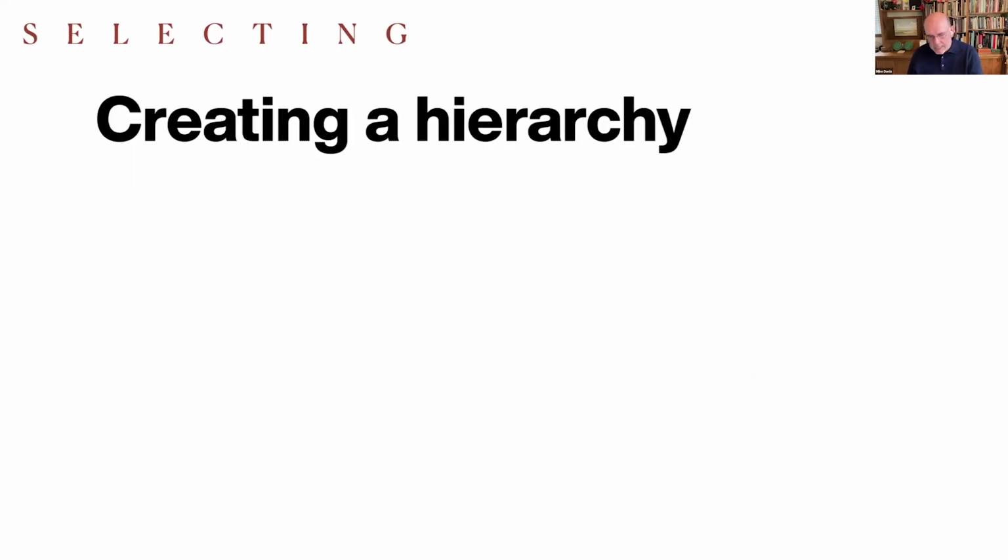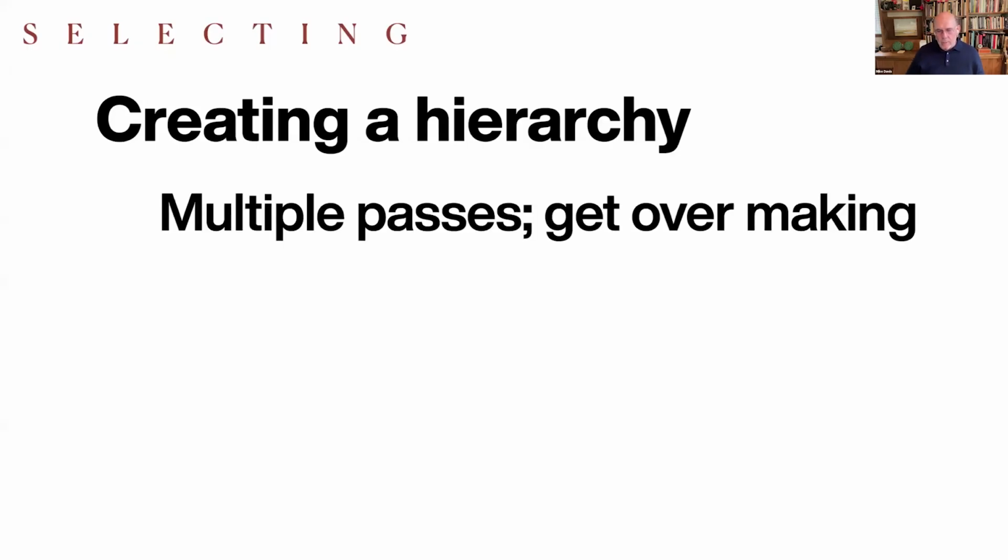So here's my process for creating a hierarchy within a given take or a set of photographs. First, it's done through multiple passes. The goal of this is to get over the experience of having made the photographs. You've had the smells, the sights, the conversations, the interactions, everything about the making of a photograph is lingering with you and can easily weigh into your decision of the photograph's value, independent of whether the photograph actually works or not.